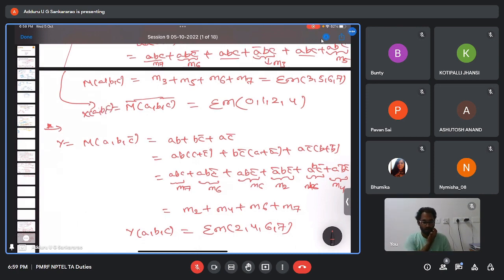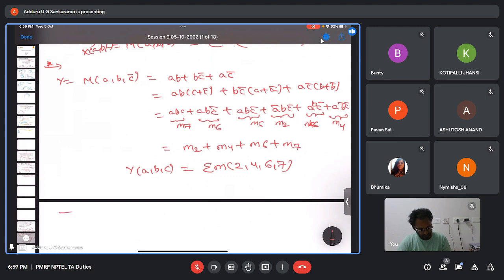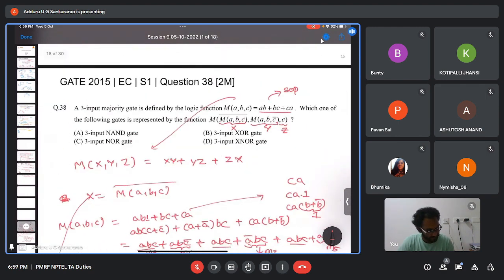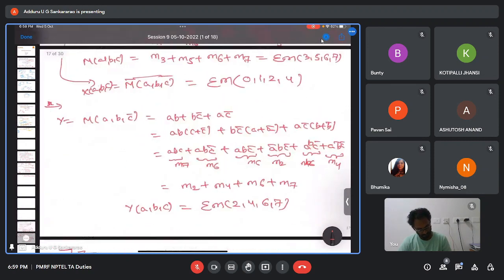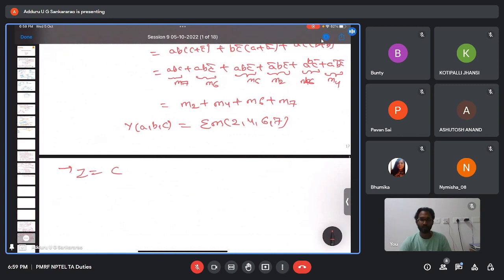Fine. Now the other one is, what is our Z? Z is nothing but only C. You can see here Z is nothing but only C. So again we need to convert into which form? Sum of minterms form. So let us say I am doing an AND operation with 1 and 1. It will not change.